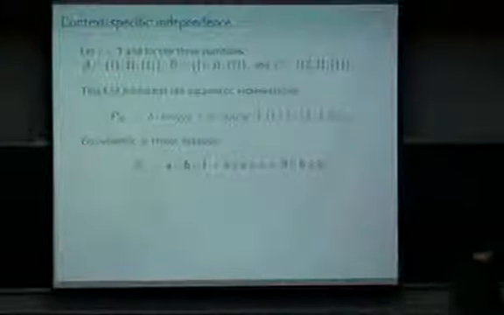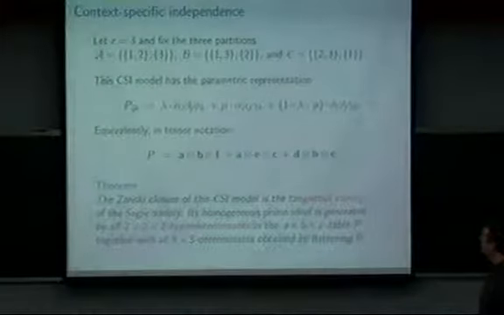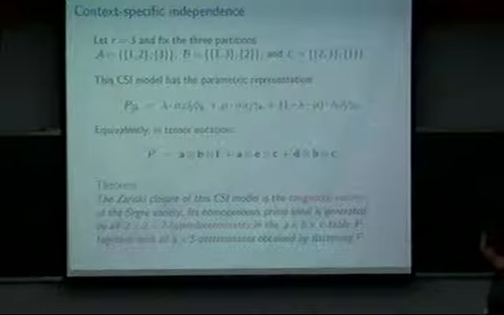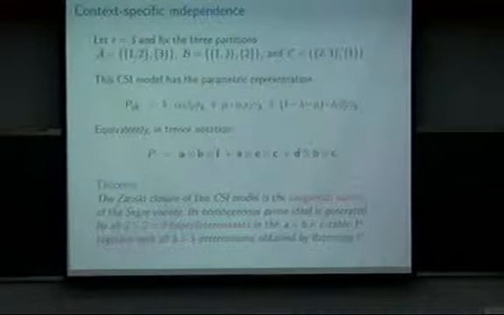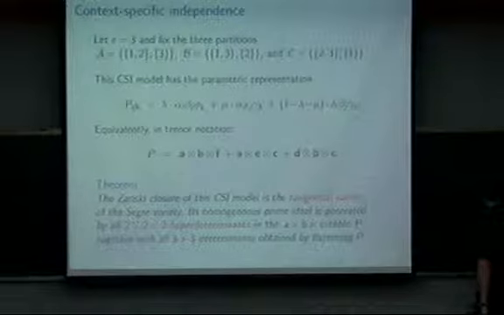Okay, so here's the answer. It turns out this particular small example, this particular CSI model, context-specific independence model, is the so-called tangential variety of the Segre variety. It's the set of all points. I talked about the secant variety earlier, but you can also pass to the limit, that's what we do in calculus.